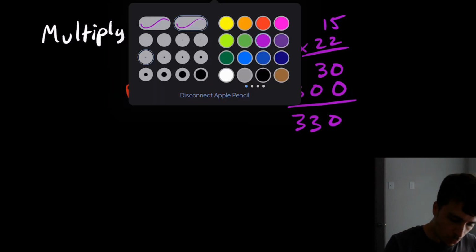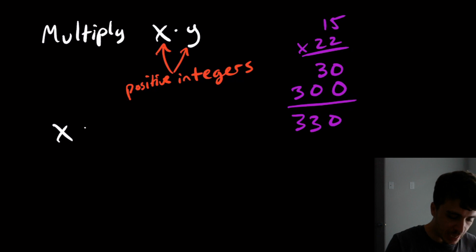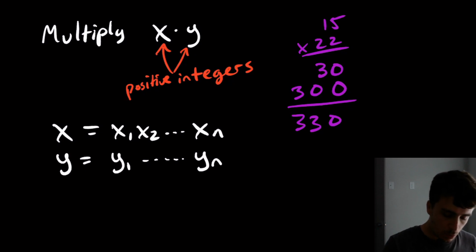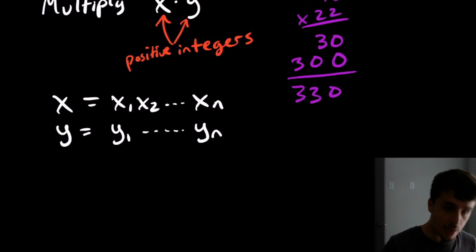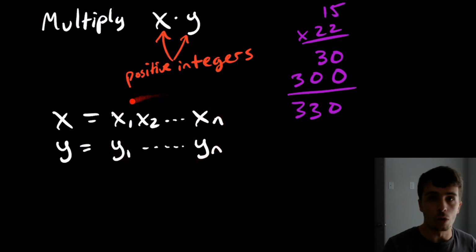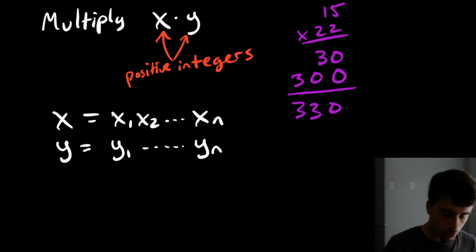If you try to do this, let's say x is x1, x2 up to xn, and y is y1 up to yn. Then what we could do, although I'm not going to do it here, is a double for loop on these, or maybe just a single loop, depending on how you implement it.